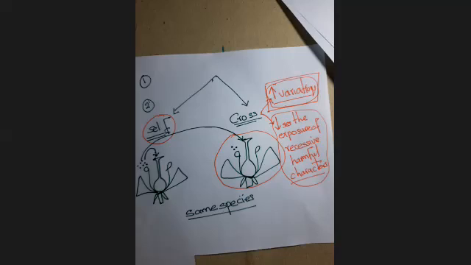Cross-fertilization allows shuffling of genes within a species, producing new genetic combinations, resulting in increased genetic variations within the species.